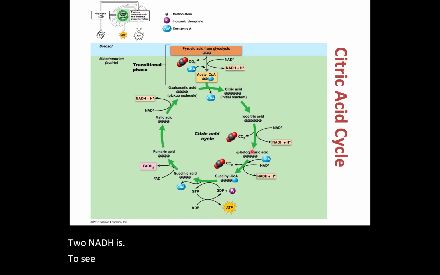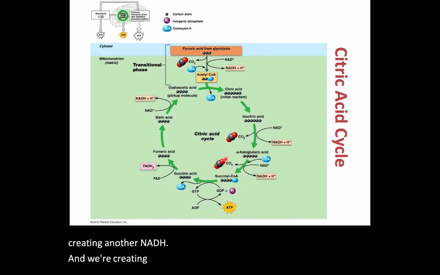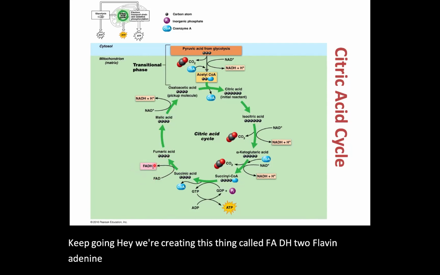We're going to come along a little bit more. Oh, we're creating another NADH and another CO2. Keep going. Hey, we're creating an ATP. Keep going. Hey, we're creating this thing called FADH2, flavin adenine dinucleotide. So we're creating one of these.